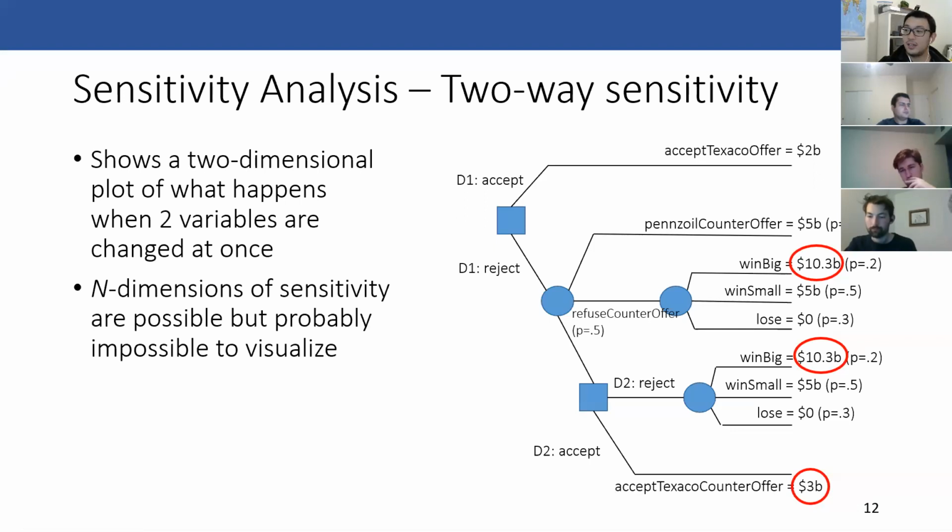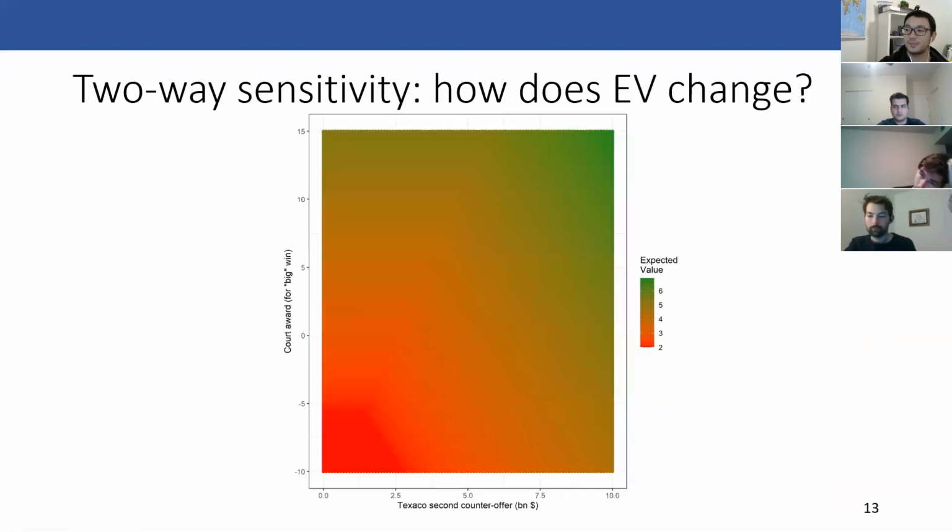Okay, so let's take a look at what this looks like. Keep in mind you've got your win big and your accept Texaco counteroffer payoffs, and those are the outcomes that we are varying. The expected value for that particular decision looks something like this as I change my two parameters.